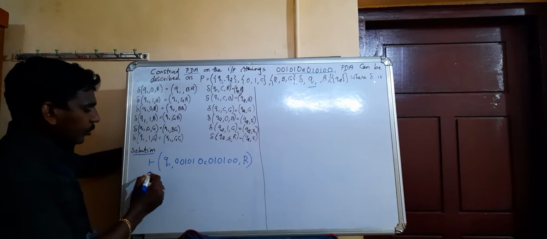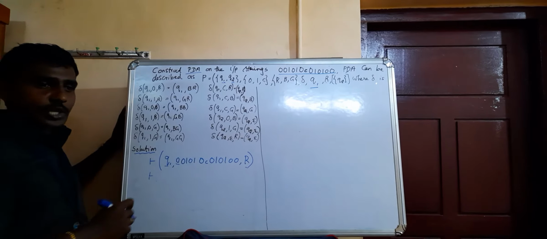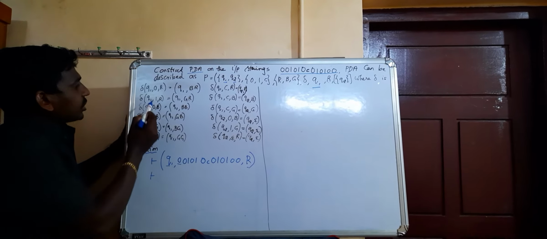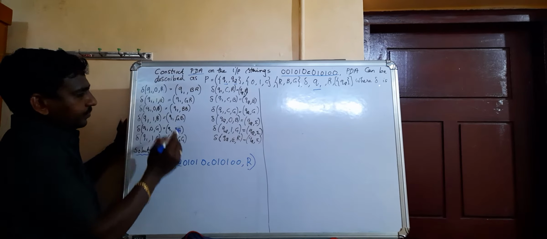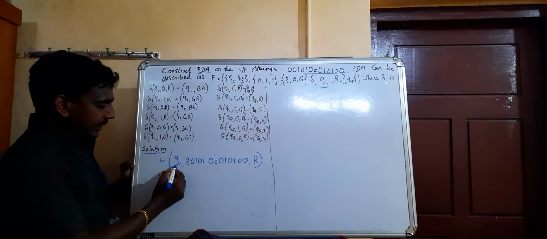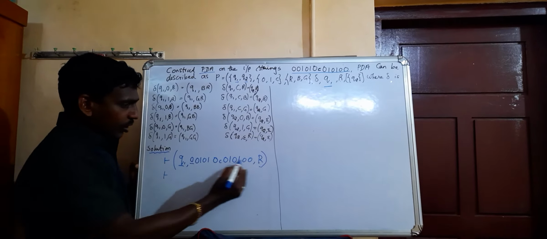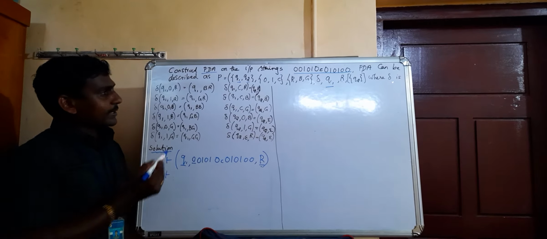Now we have to check Q1, 0, R in the transition function. Is it there? Yes. Q1, 0, R equals Q1, BR. You have to understand the concept here.